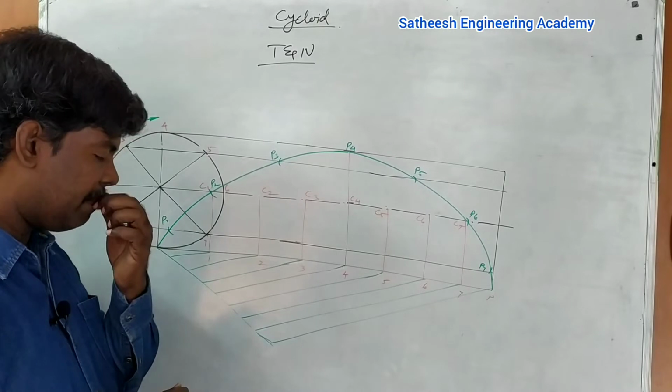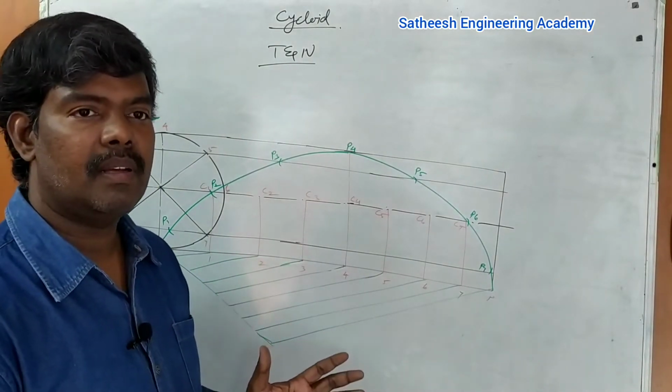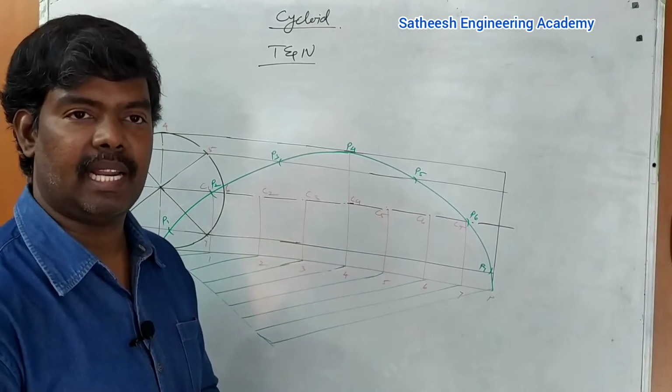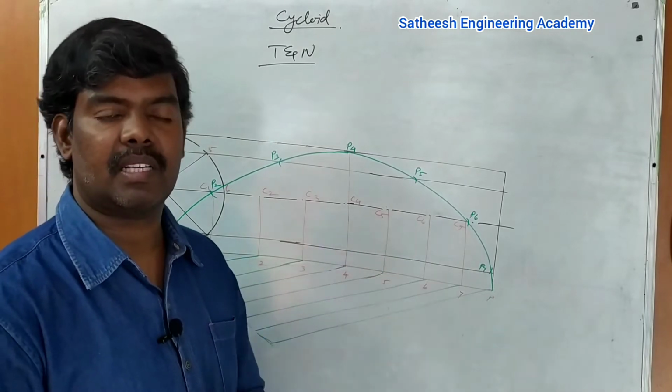Here, in the question, they mention that you draw a tangent and normal at a given distance from the directing line. Sometimes you may draw a tangent and normal anywhere on the curve. So there are two cases.